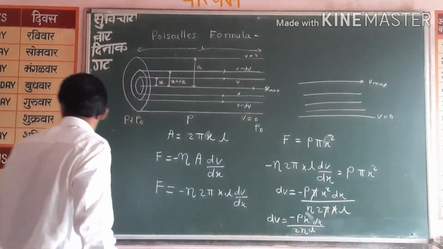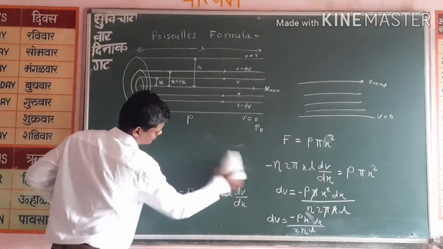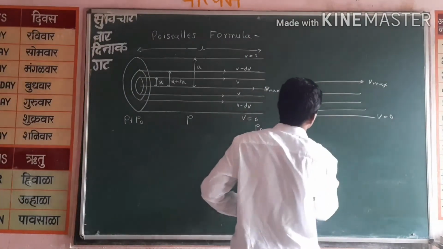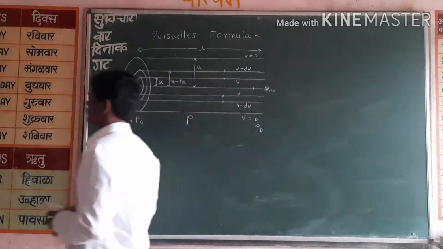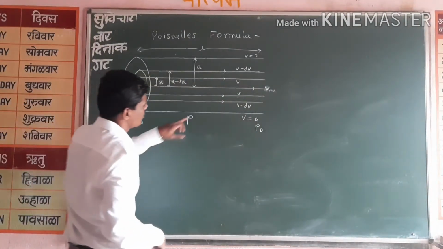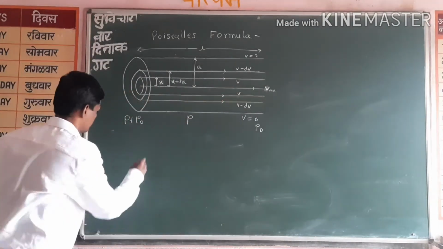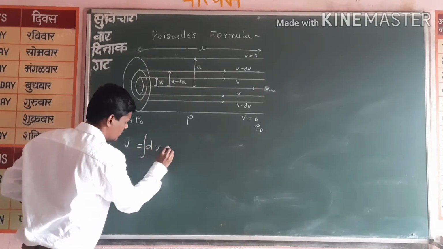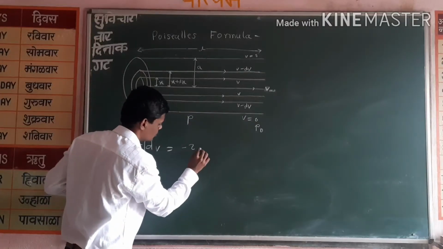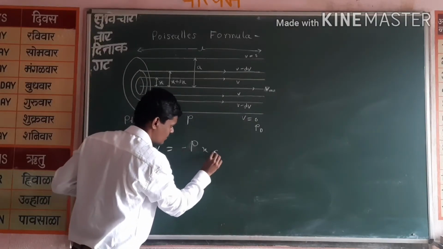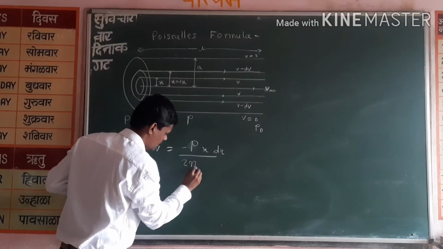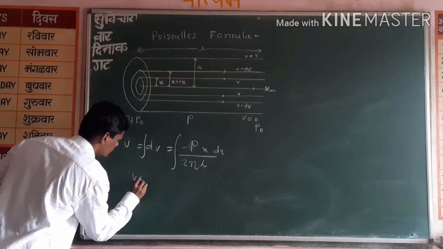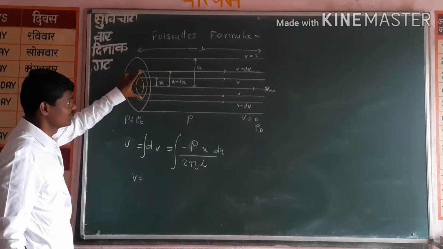To find the complete velocity v, we need to integrate this dv, which is minus P x dx by 2 eta L. Now integrating, we get v, the velocity of this liquid layer.